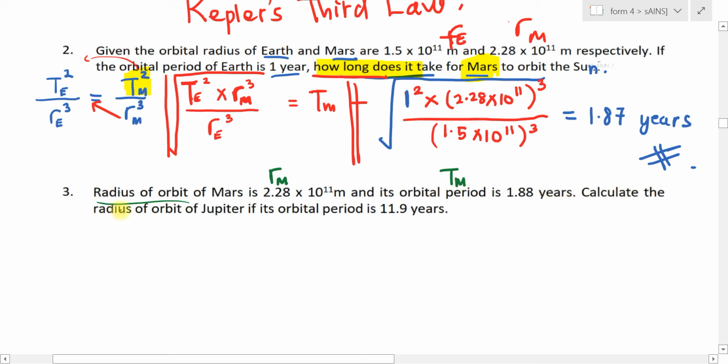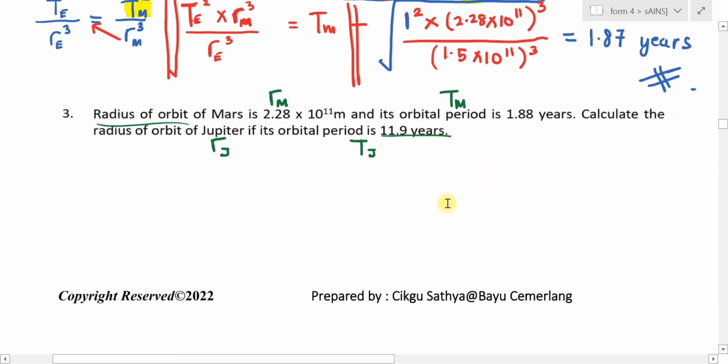Calculate the radius of orbit of Jupiter. Dia tanya radius bagi Jupiter J if its orbital period, maksudnya period T untuk Jupiter J is 11.9 years. Okay, kita susun dulu equation.